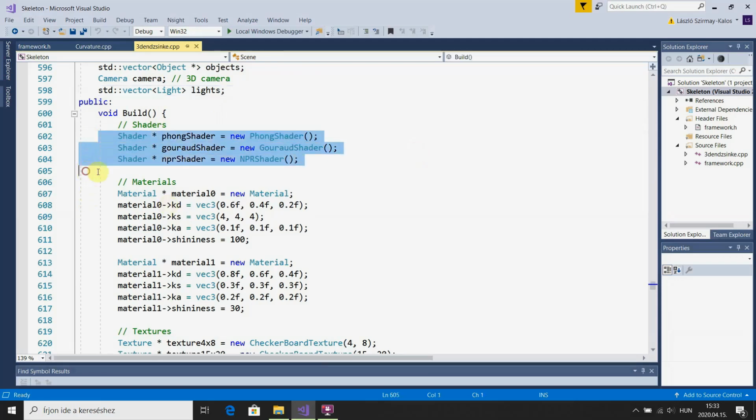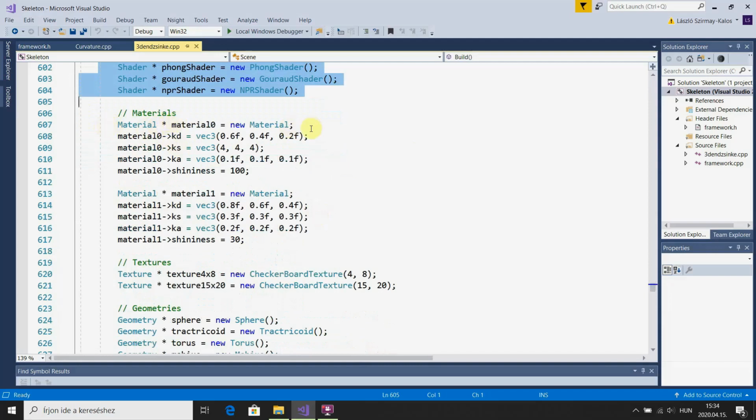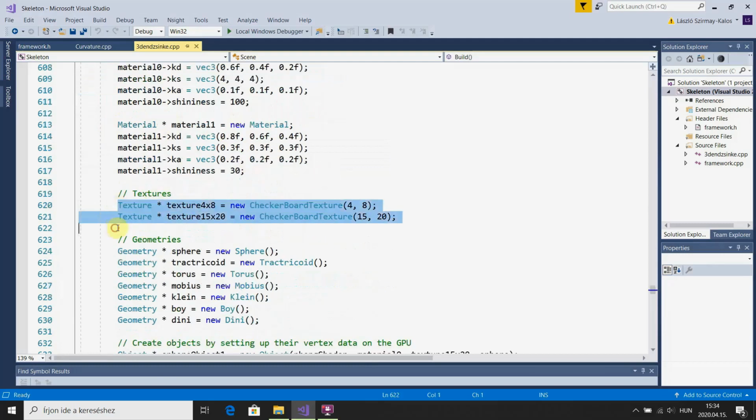So we have discussed three different shaders. We create them. Only one shader of a particular type is enough because objects can share the same shader. So we are going to have a Phong shader, a Gouraud shader or vertex shader, and a non-photorealistic rendering shader. Here we define two materials, diffuse specular materials with different diffuse and specular reflectivities and different shininess parameters. We will have two textures in our collection.